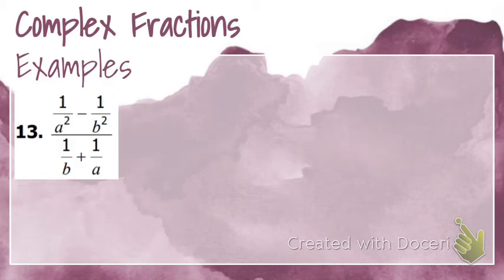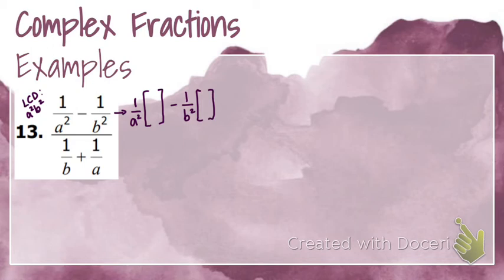Number 13 has addition and subtraction in the numerator and denominator, because why not? Why wouldn't we? So let's just take it one at a time. The numerator, the LCD, is going to end up being a squared b squared. So this is going to give us 1 over a squared times something minus 1 over b squared times something.